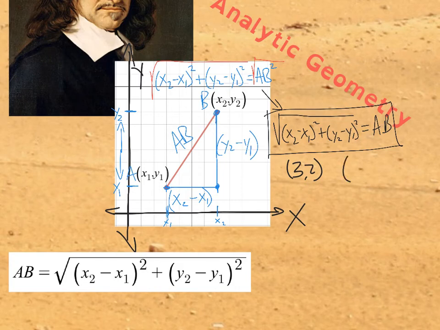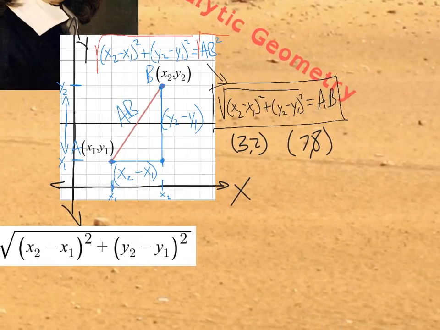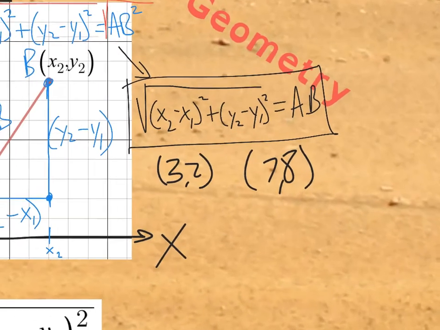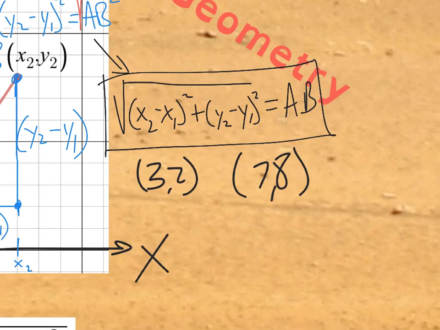Okay, 7, 8. Well, we could draw a right triangle, and we will do that often. We can draw a right triangle and use the Pythagorean theorem. That totally works. But let's see if this new tool works. So this is our x1, y1, and our x2, y2.